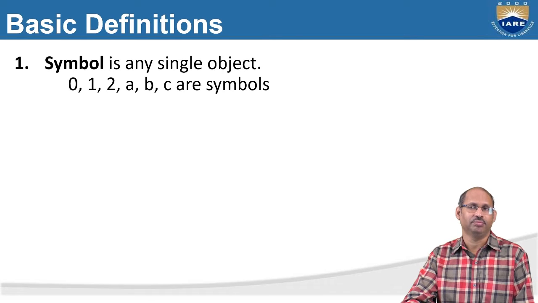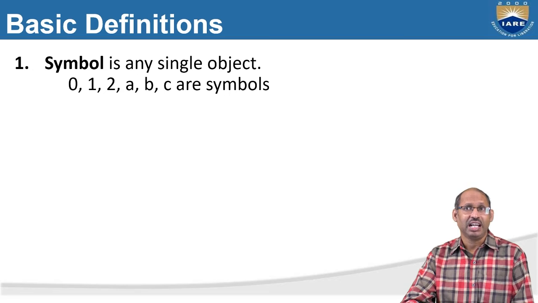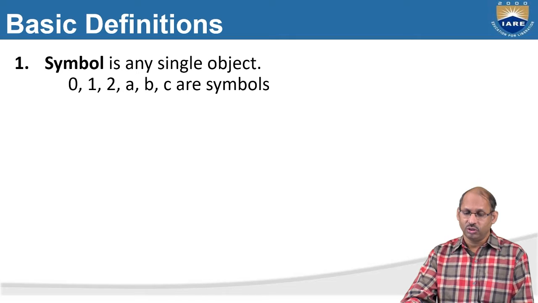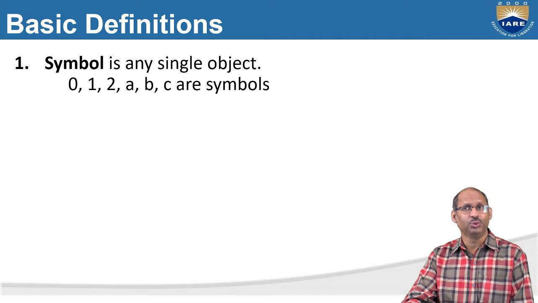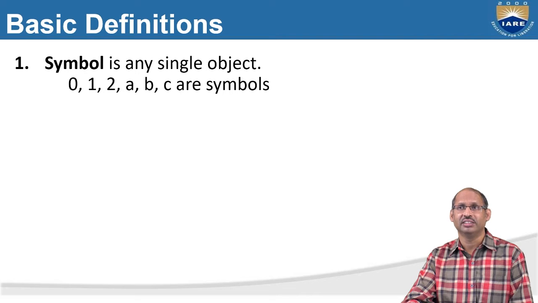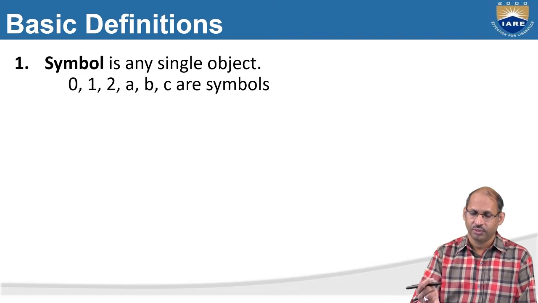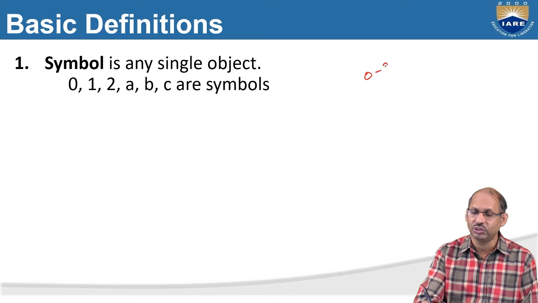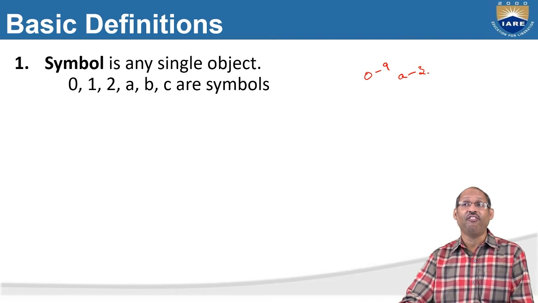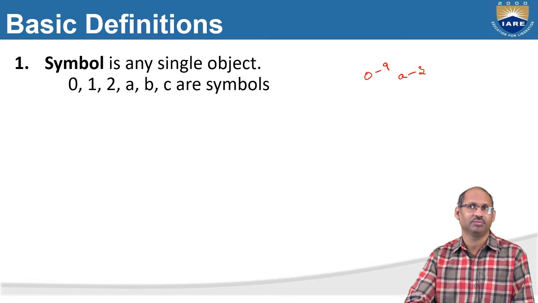What is a symbol? A symbol is a single indivisible object, an entity. It is the smallest entity, which further cannot be divided. So 0, 1, 2, A, B, C are all symbols. Here we can simply say 0 to 9, A to Z, all these are different symbols, right?